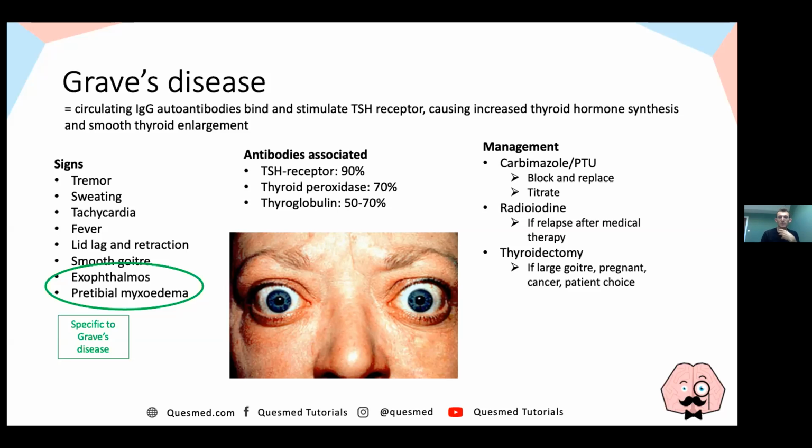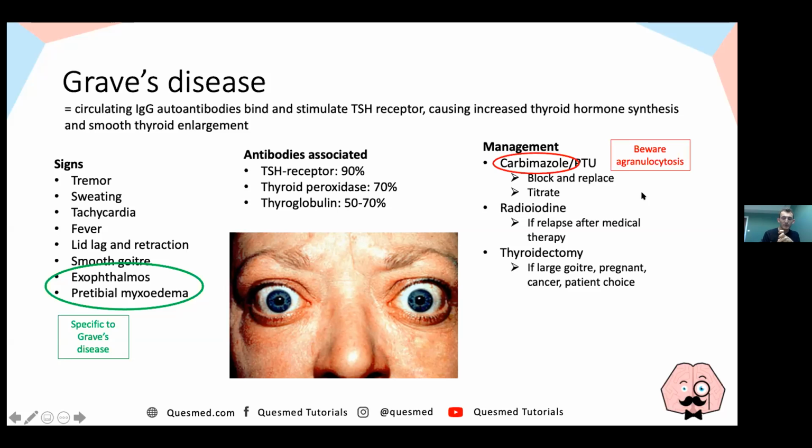If you have a large goiter that's causing airway compromise, or if you're pregnant and can't take radioiodine, or in cancer, or for patient choice, you can have a thyroidectomy as management of Graves' disease. But first line is the thionamides, carbimazole or PTU.